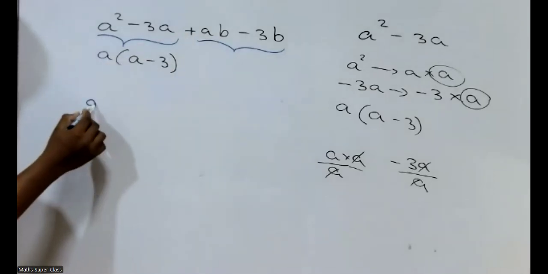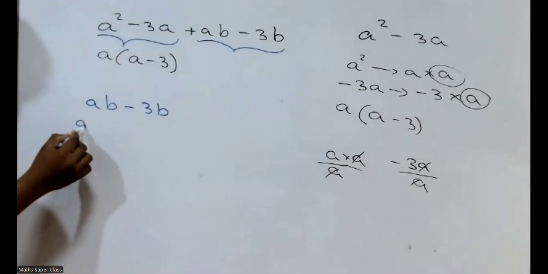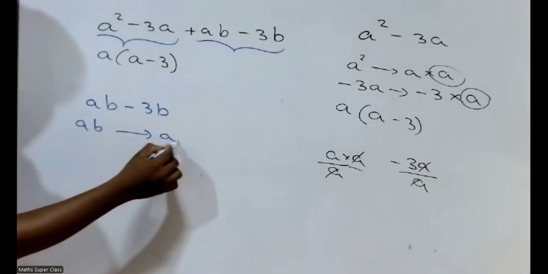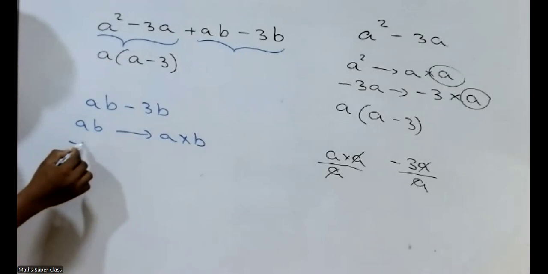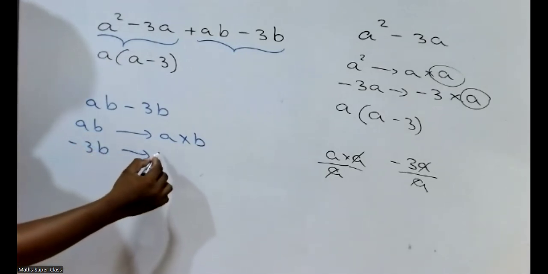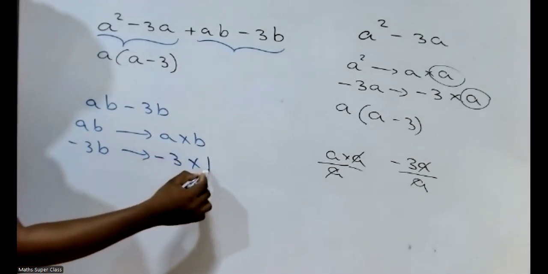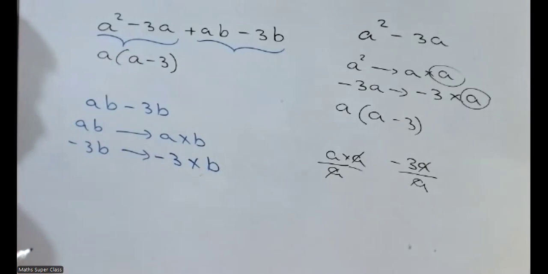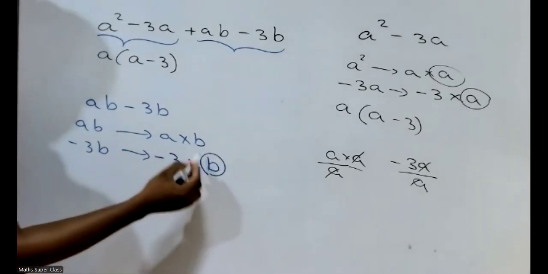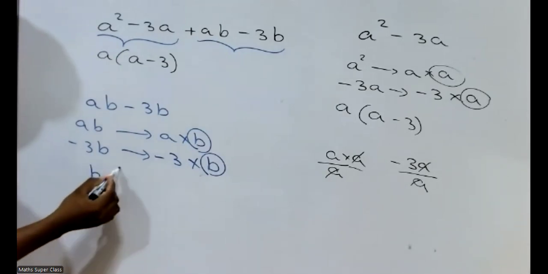Okay. ab minus 3b. ab is a into b. Minus 3b is minus 3 into b. Here b is the common factor. So b.